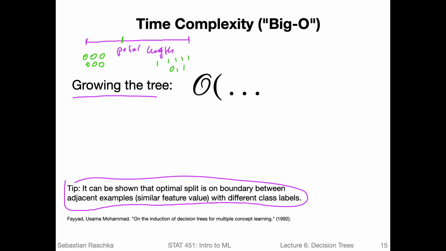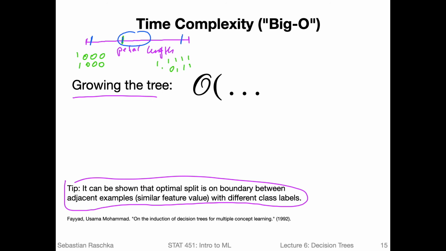Of course, there are maybe some zeros also in here and some ones in here, but there is some boundary where we can get the optimal split, and we know, for example, that the edges are usually not that useful when we're splitting a feature. So in that way, when we sort a feature, we have an advantage. We don't have to check all the values. We usually only have to check a range in the middle here. So for growing the decision tree, sorting helps.